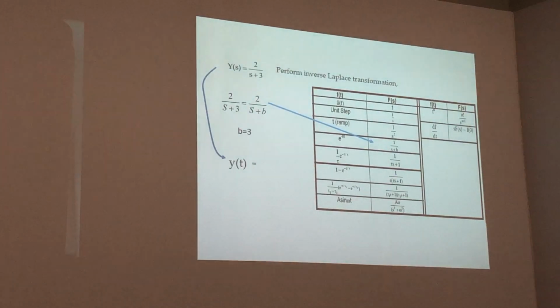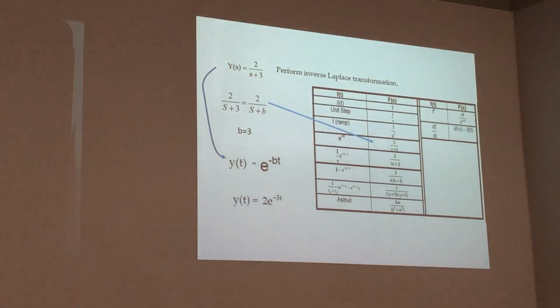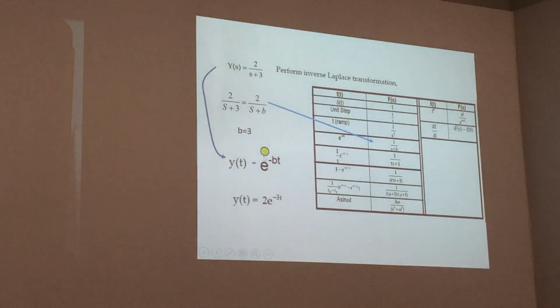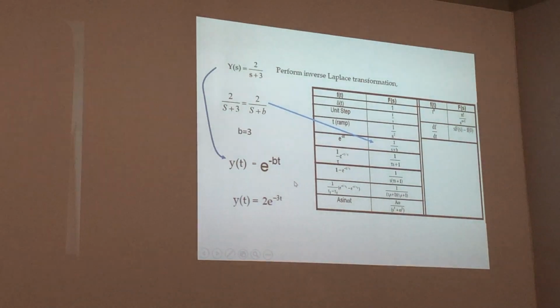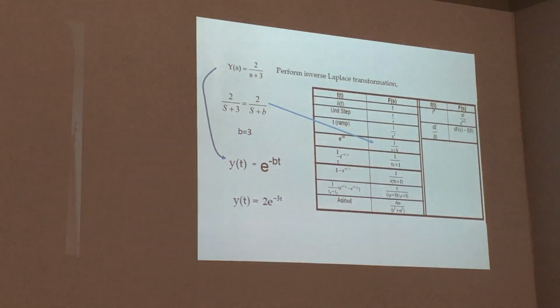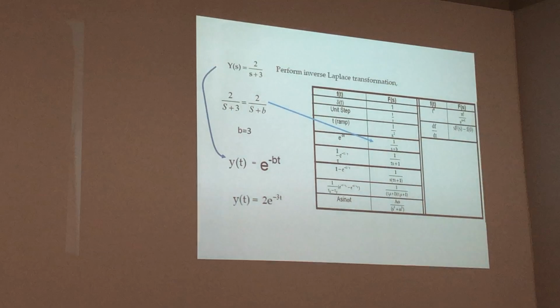And then the inverse of this part becomes exponential of minus bt, and you know that b is equal to 3. So this is your final answer. You should remember you have a 2 here, so 2 is always there. And then the inverse of 1 over s plus b is this one. By doing that, you complete solving the differential equation by using the Laplace method.